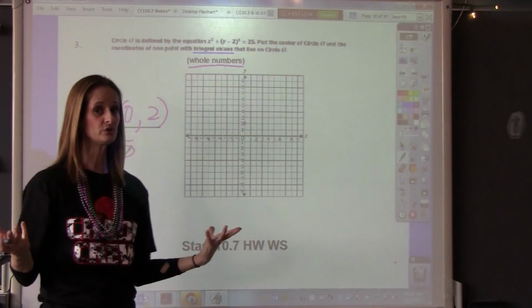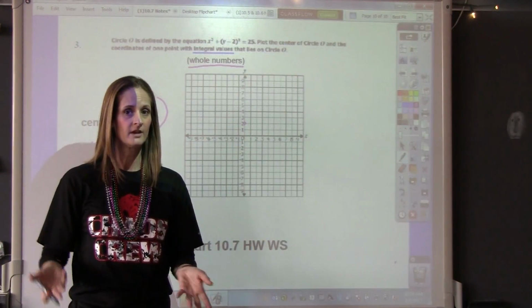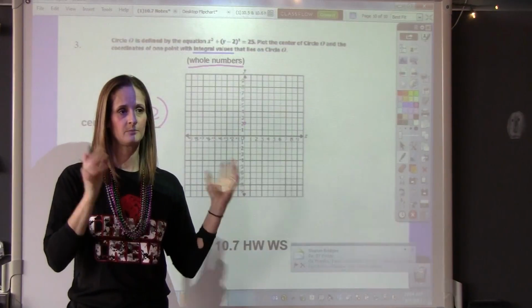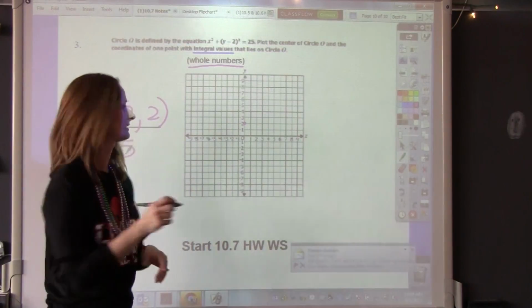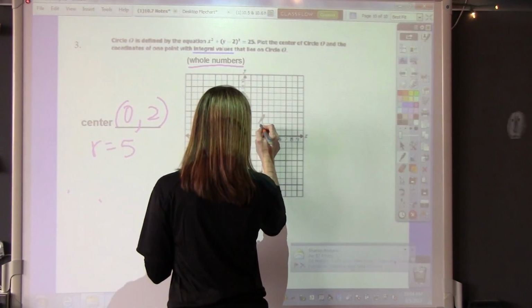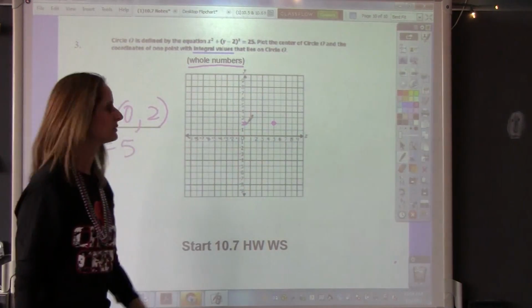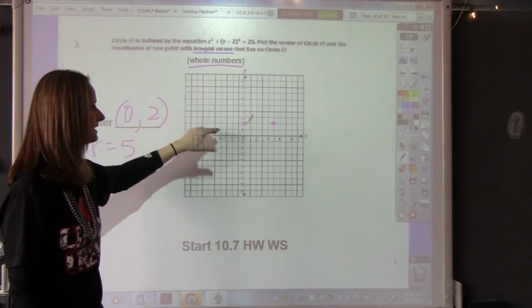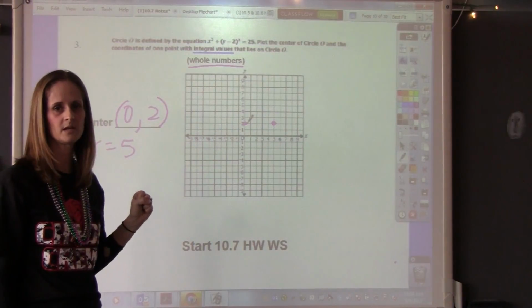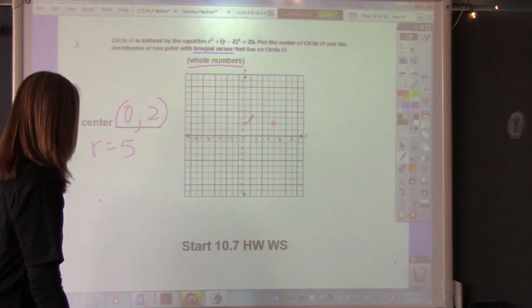So you can choose to go up 5, down 5, left 5, or right 5. And put a point, and that will be your answer. I'm just going to go right 5. On the computer, if you select a point and then you select another point, it will take that other point away. It's only going to allow you to plot 2 points.